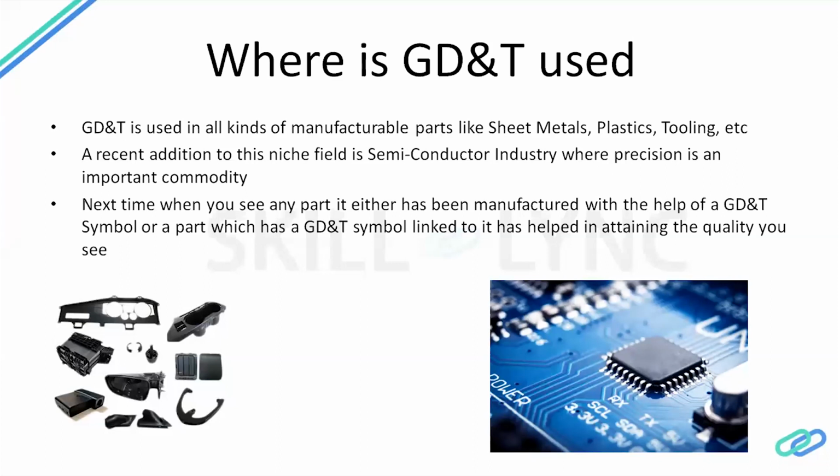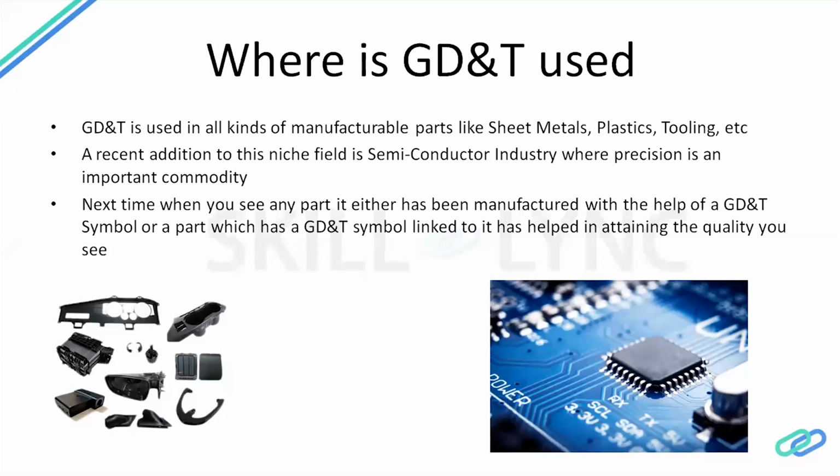And a recent addition in the field is the semiconductor industry. You know about these chips which we use in cell phones, laptops, tablets and everything. So that is a recent addition to it. When you go for the chip industry, the tolerance is very, very minute, and you would be speaking in microns.